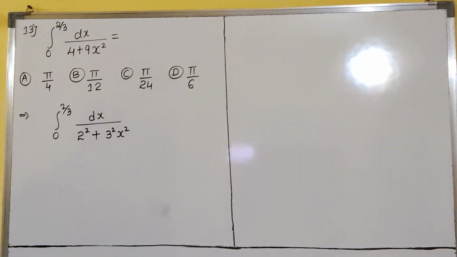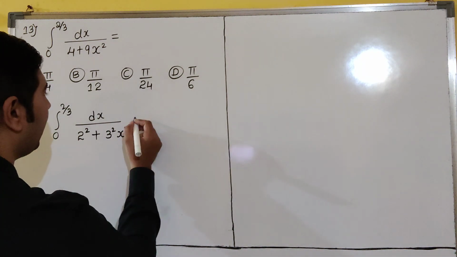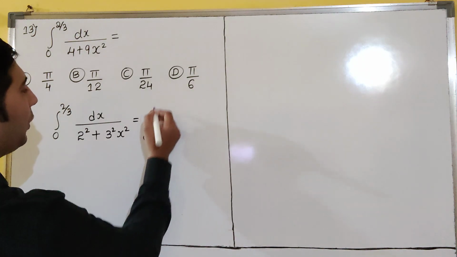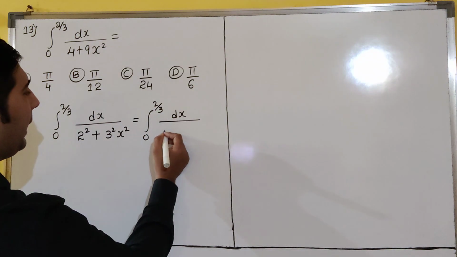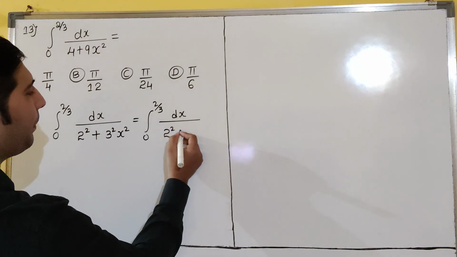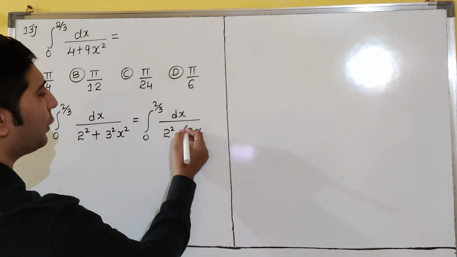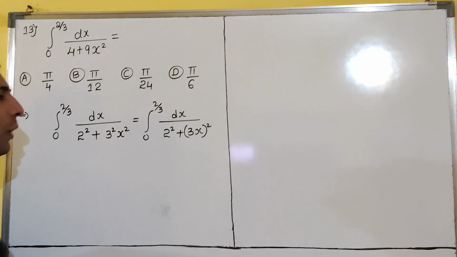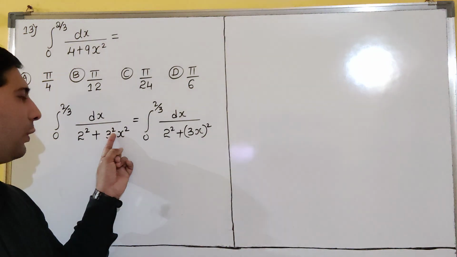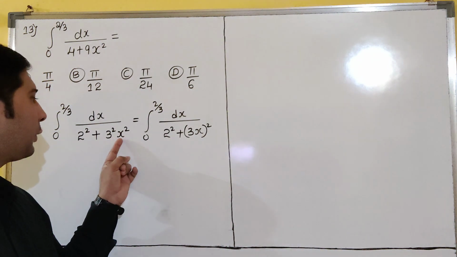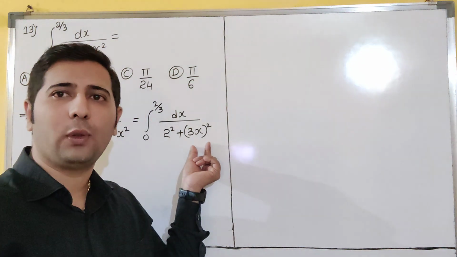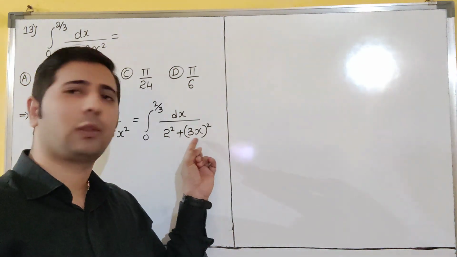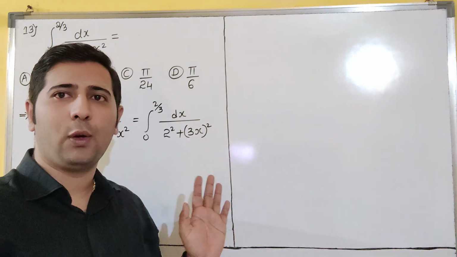Clear? So now see how I will write this one: 0 to 2 by 3 dx whole divided by 2 square plus 3x whole square. Yes or no? Because square belongs to 3 also, square belongs to x also, so I can write it as 3x whole square. I hope it is clear.